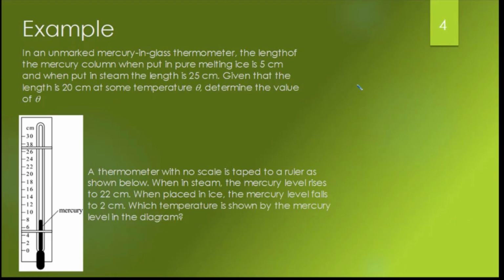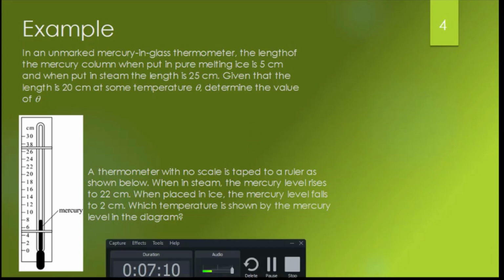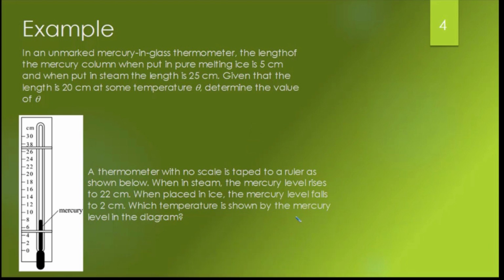In an unmarked mercury in glass thermometer, the length of the mercury column when put in pure melting ice is 5 centimeters, and when put in steam the length is 25 centimeters. Given that the length is 20 centimeters at some temperature theta, determine the value of theta.